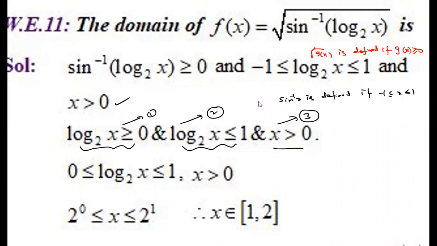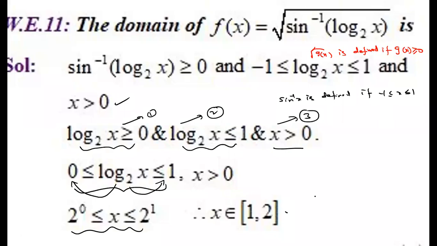Okay, dear students, see. Sine inverse x is defined if -1 less than or equal to x less than or equal to 1. So in this case, directly you can write, this one is also not required. -1 is not possible here, only 0 to 1. So remove the logarithm on both sides. What result is coming? 2 power 0 and 2 power 1.